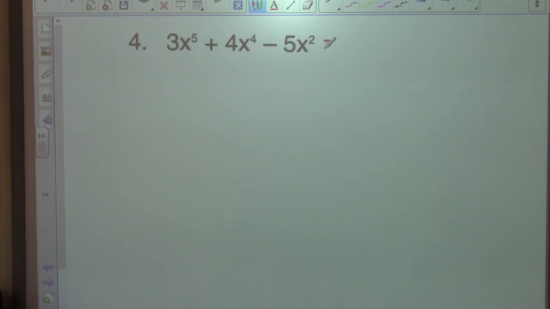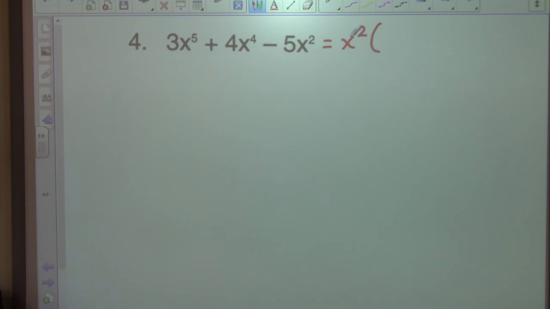Yeah, it's 1, but we don't write that down, because we know 1 is a common factor. So we're left with x to the 5th, x to the 4th, and x squared. What's the greatest common factor between the x things? X squared, right? So x squared is going to be our greatest common factor.